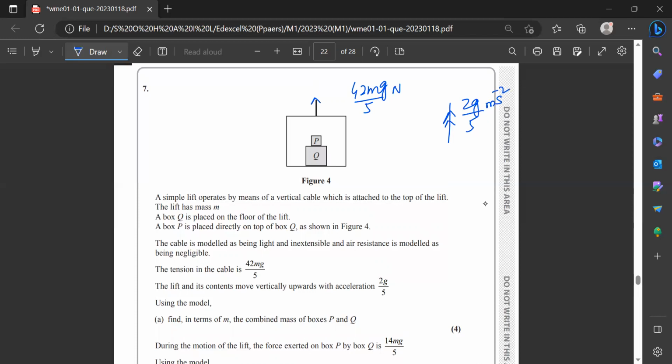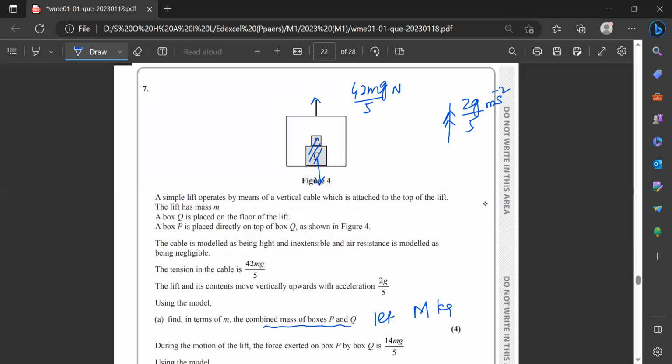Using the model, find in terms of m the combined mass of the boxes P and Q. Let the combined mass of P and Q be capital M kg, and the mass of the lift was already given as m.